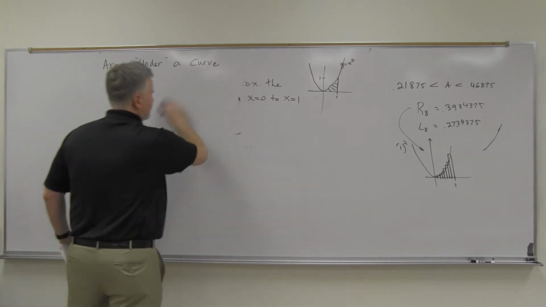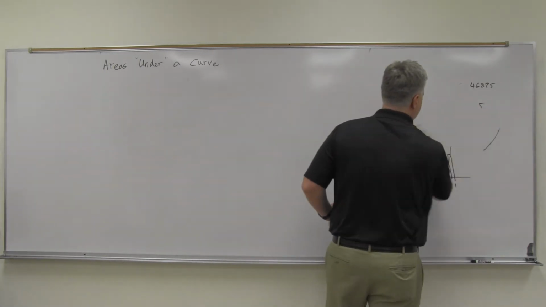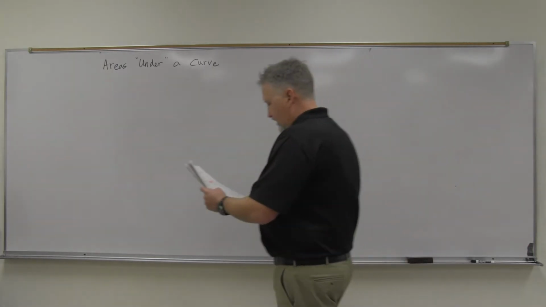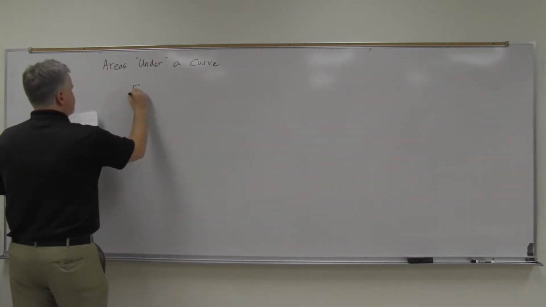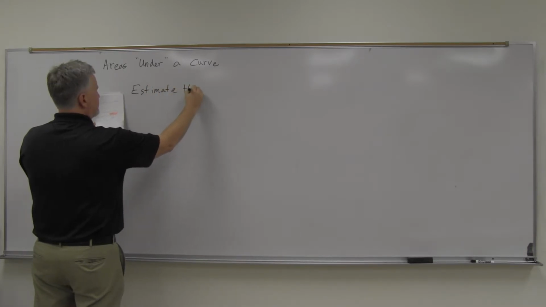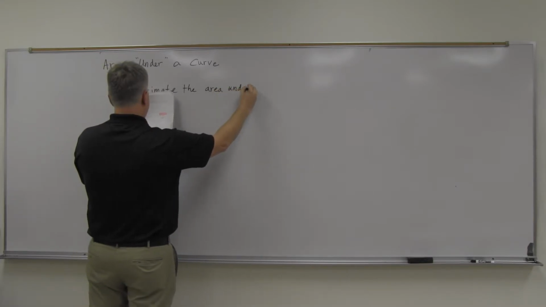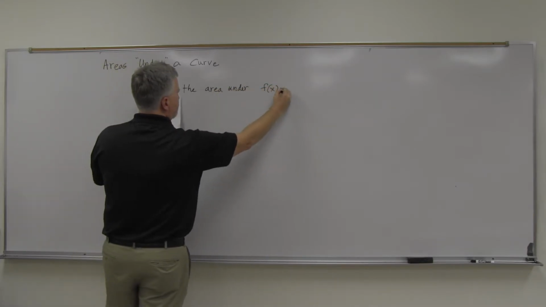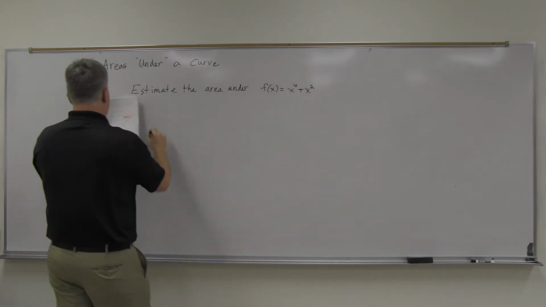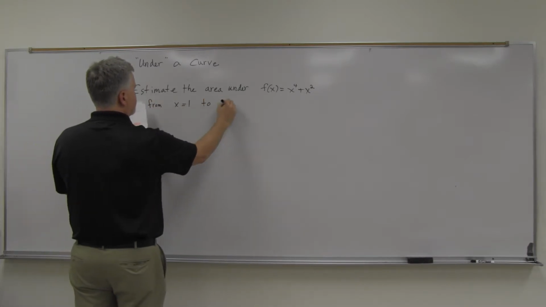All right, but let me do one more of these just as an example to get the procedure for this down a little bit. And let's estimate the area under f of x equals x to the 4th plus x squared from x equals 1 to x equals 3.